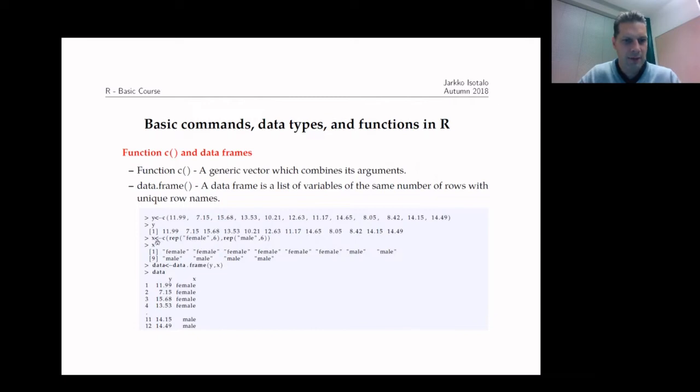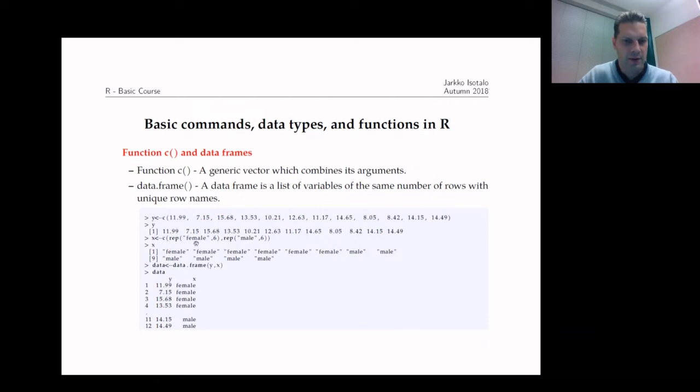On the other hand, we could construct another vector called x, again using our c function, which in this case contains the word female 6 times and the word male 6 times after that.